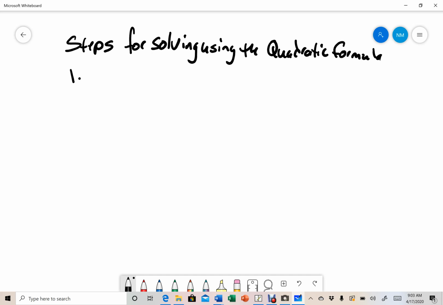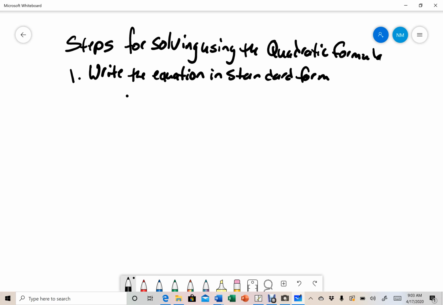Number 1, we're going to write the equation in standard form. This is our standard form here: ax squared plus bx plus c equals 0. Now here's the important thing, okay?